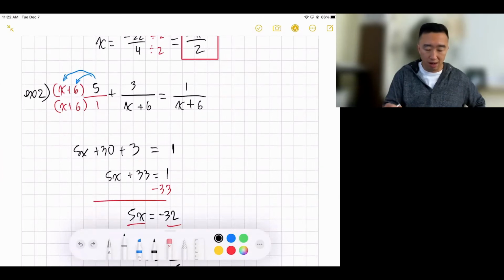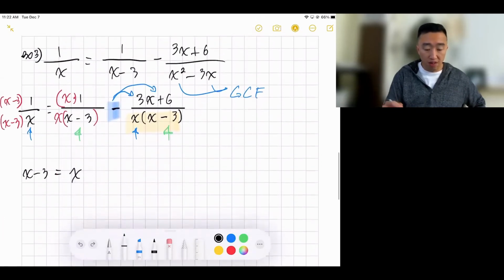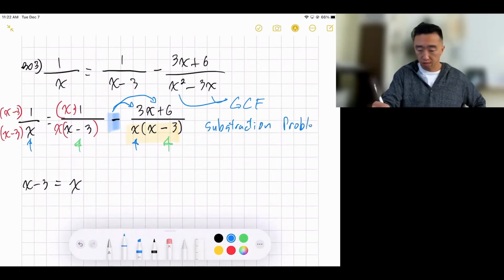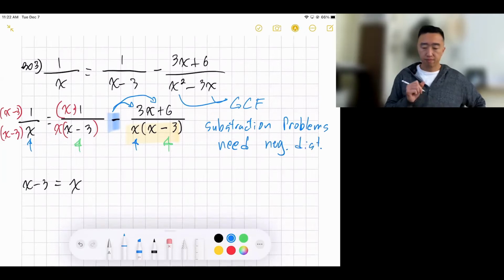You ain't got to worry about it. But subtraction, you definitely have to distribute. Okay, so write it down. Subtraction problems need negative distribution. Okay, so just remember that.